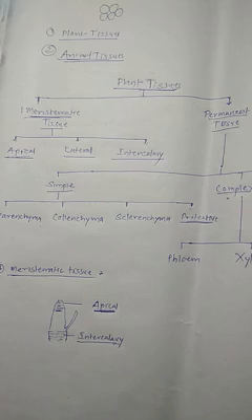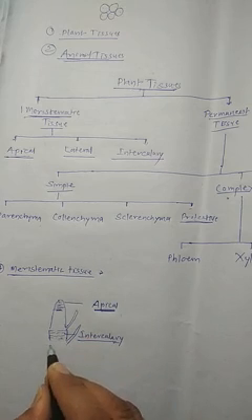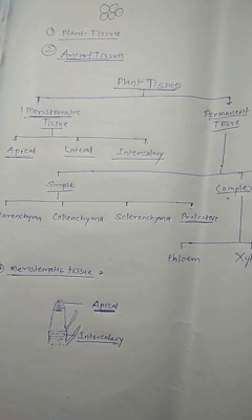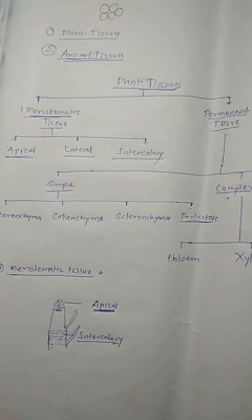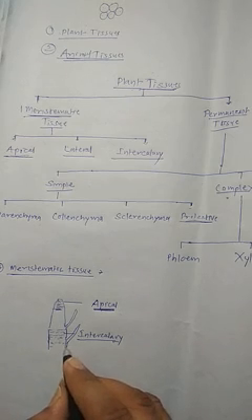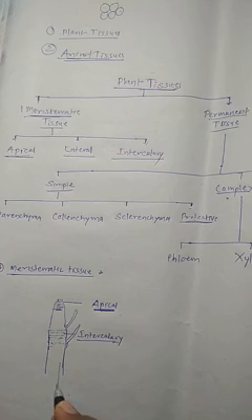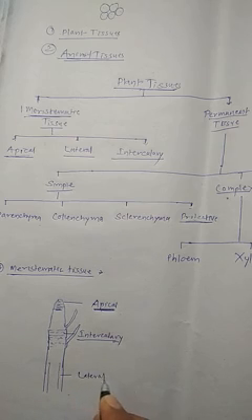Intercalary meristematic tissue is present in the region of the internode. What is the function? It increases the length of the node. And the last one, lateral meristematic tissue.